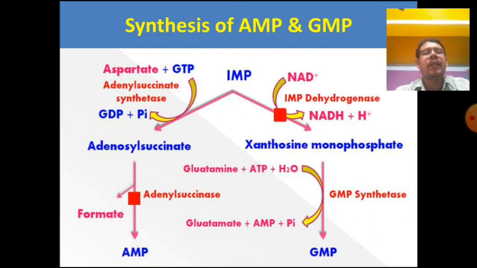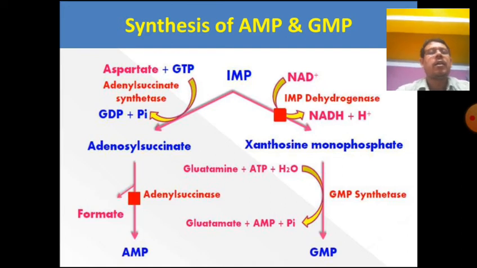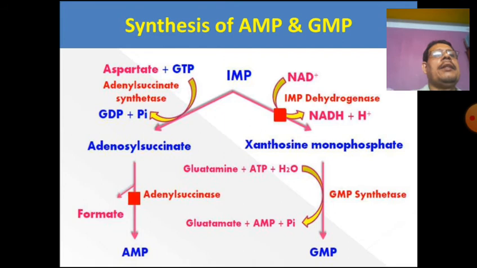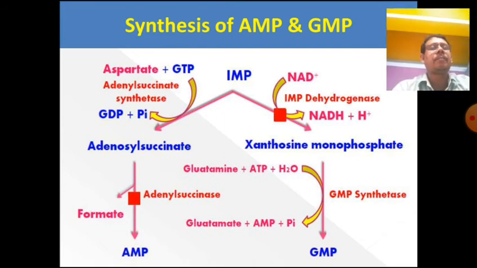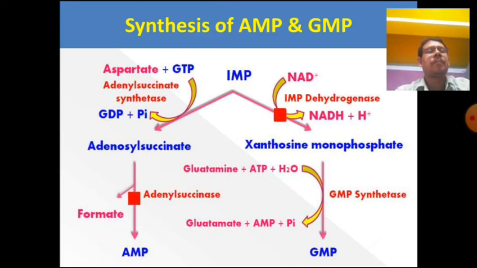Then AMP, by phosphorylation, gives adenosine diphosphate, and then again by phosphorylation, ATP is formed. For IMP, another pathway is the NAD-dependent pathway. In this case, NAD is converted to NADH and xanthosine monophosphate is formed, and xanthosine monophosphate is converted to GMP.